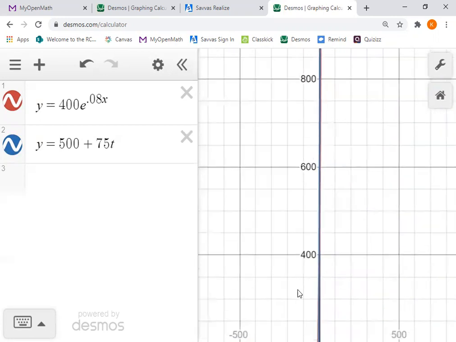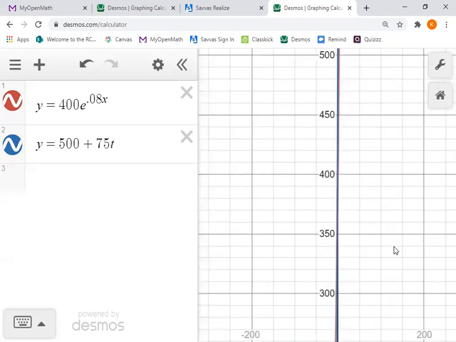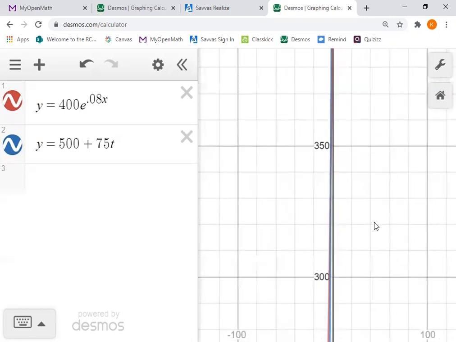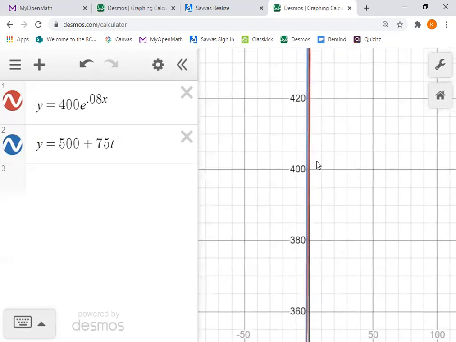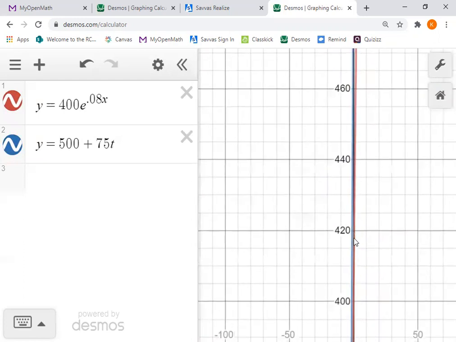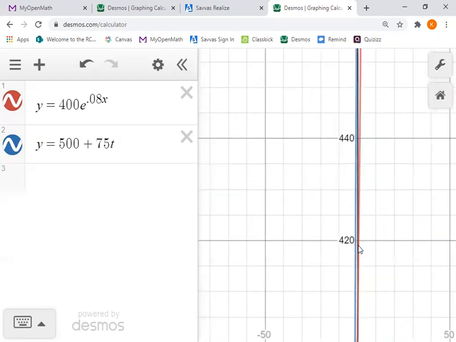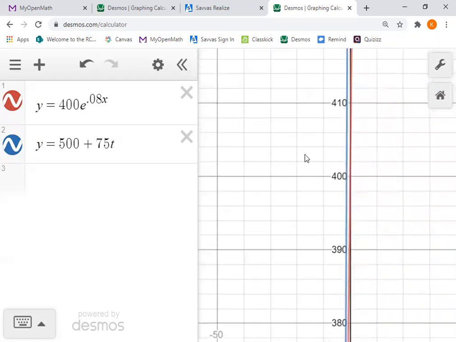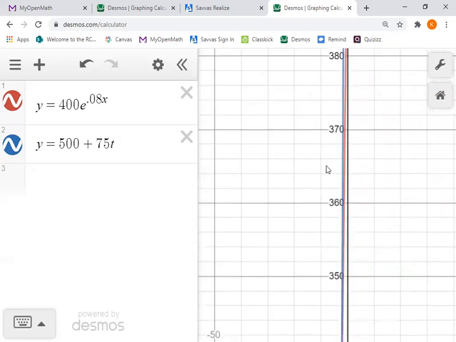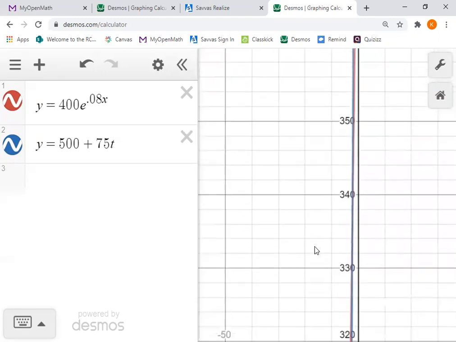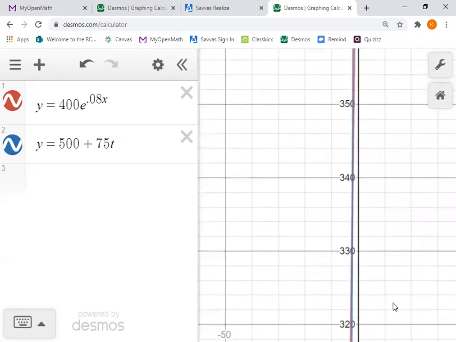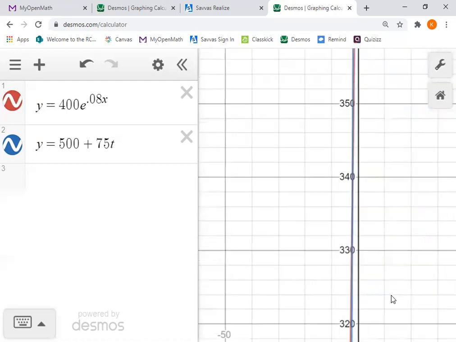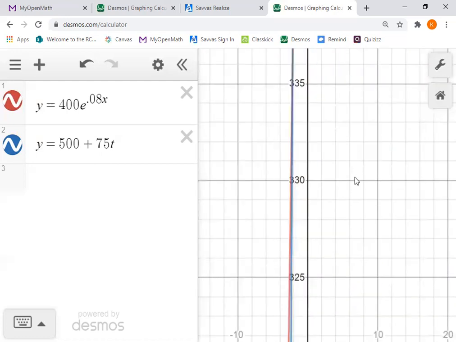Click over here. It's still making it hard for me to actually see the lines and where they meet. Seems like it was someplace right back, someplace down here. So it looks like I've got a negative number for my x, which is not what I was really expecting in this problem.